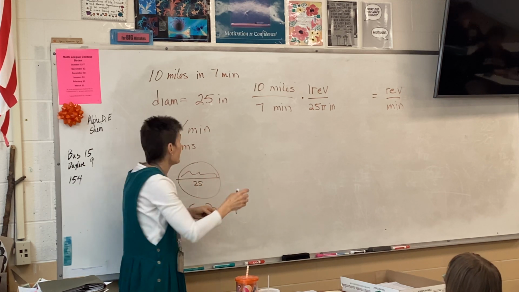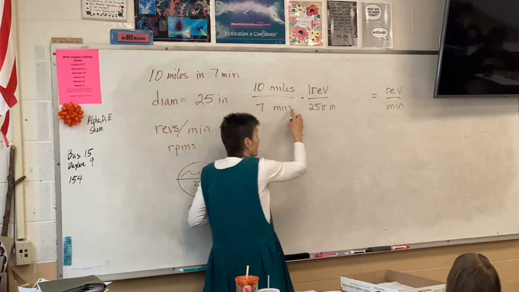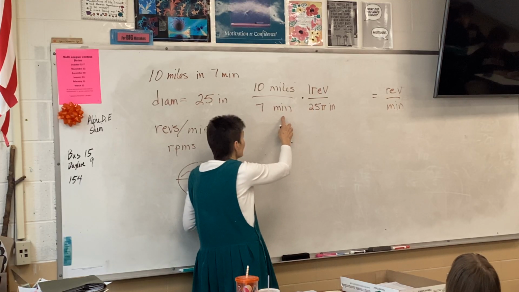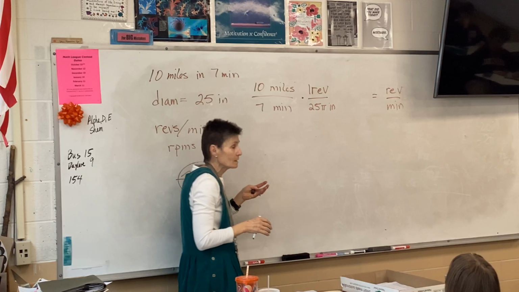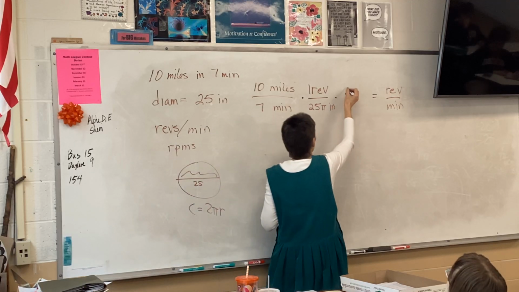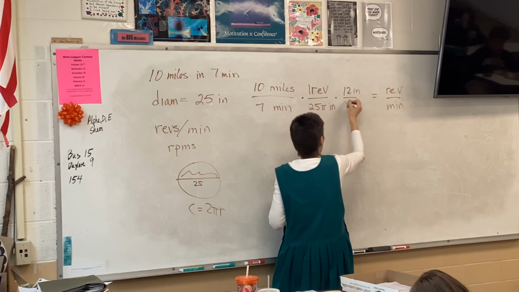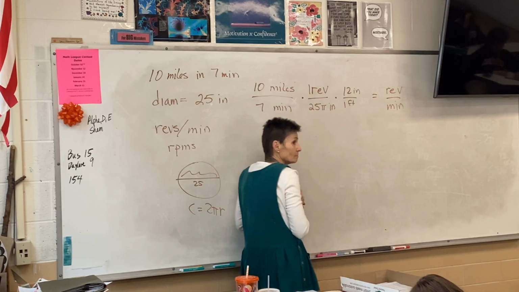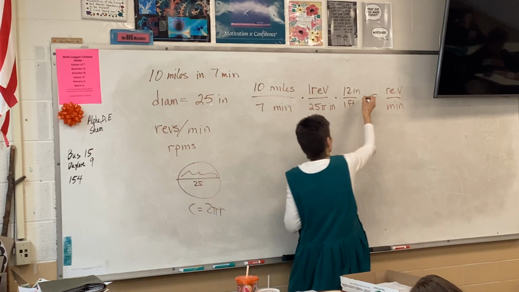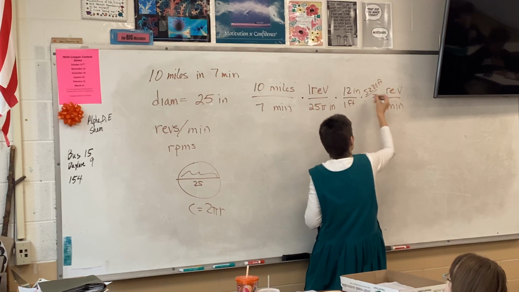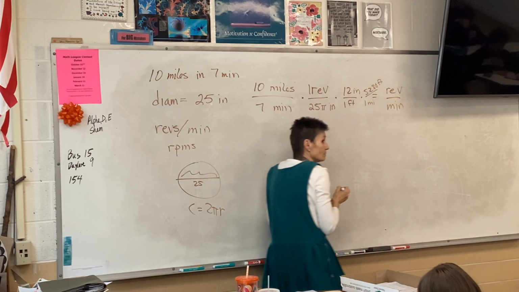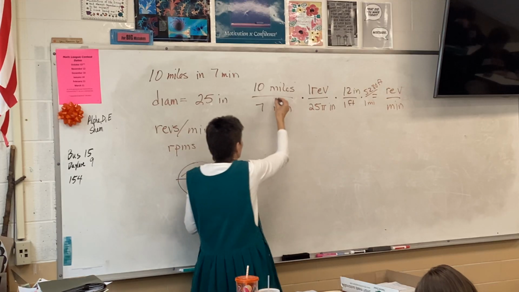Now, everything's great. I've got revolutions and I've got minutes. The problem is I've got all these other units running around, so I have to get rid of them. So 12 inches, 1 foot, 5,280 feet, 1 mile. Is everything gone now?